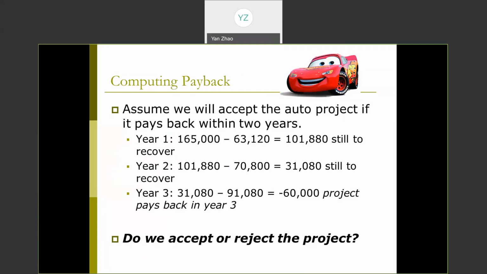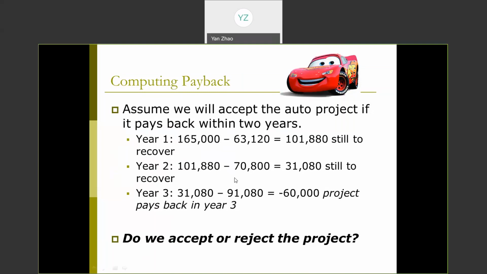So here we have 2 years. Now assuming that this financial manager prefers 2 years, he prefers liquidity. He wants to get his initial money back within 2 years. Let's see whether we can do this project. Initially, you invest $165,000. In the first year, you have the $63,000 cash back, which means you have about $100,000 still need to recover.